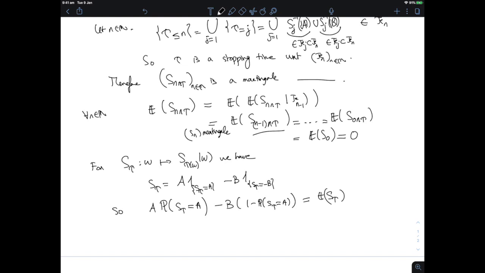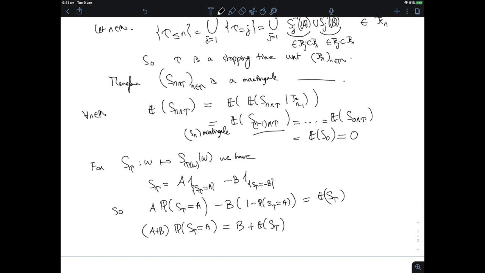If you rearrange that a little bit, you get that (A plus B) times the probability of exiting through A is equal to B plus the expectation of S_tau.